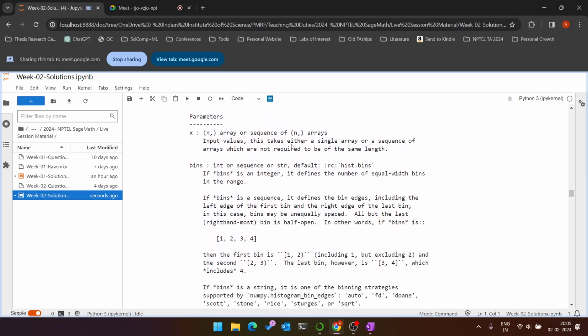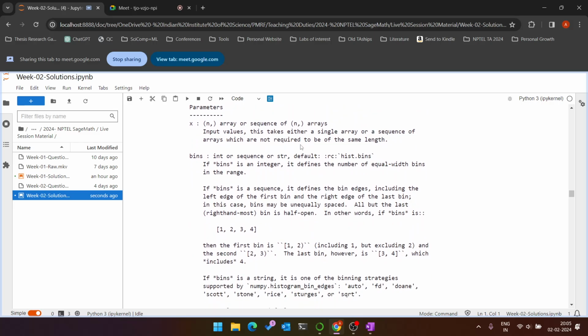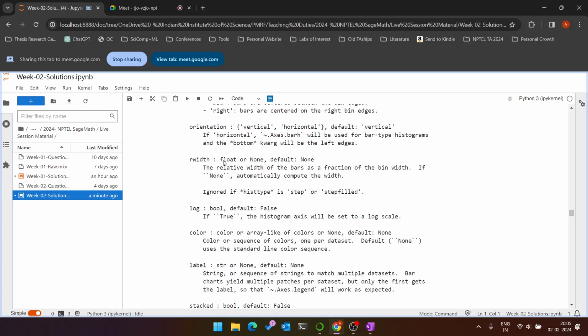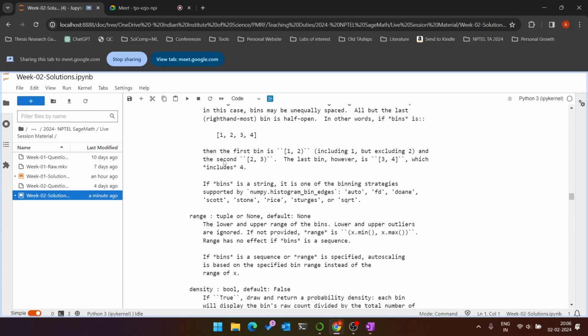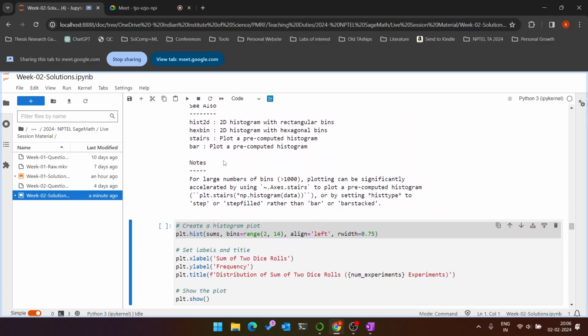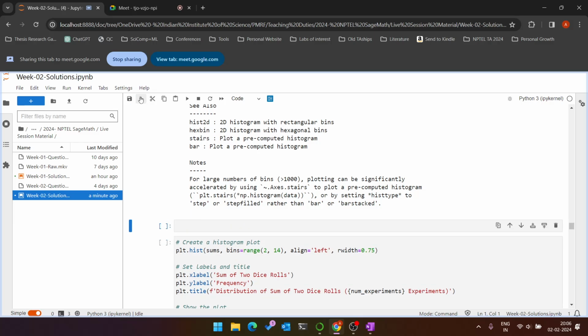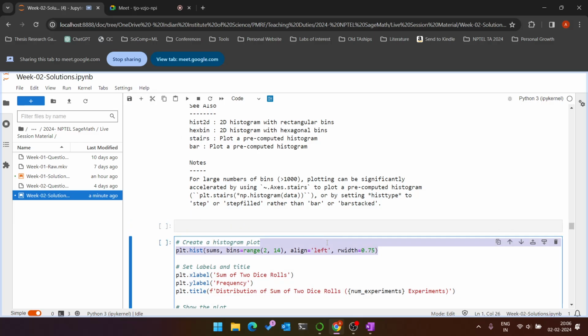So x is nothing but an array or a sequence of n arrays. Bins are basically the number of bins that we want to show in our plot.